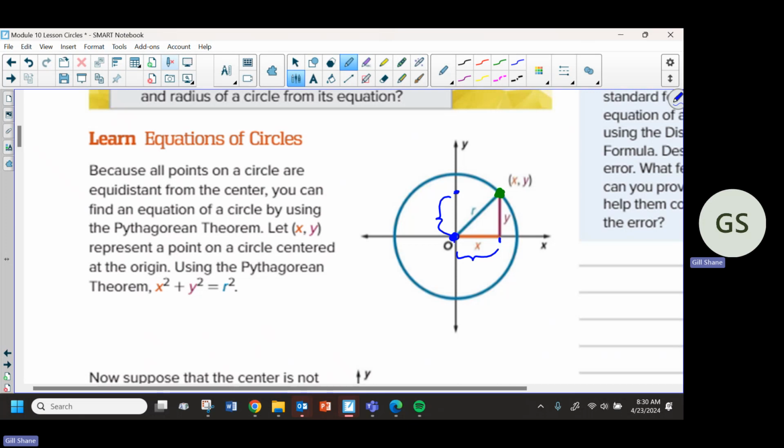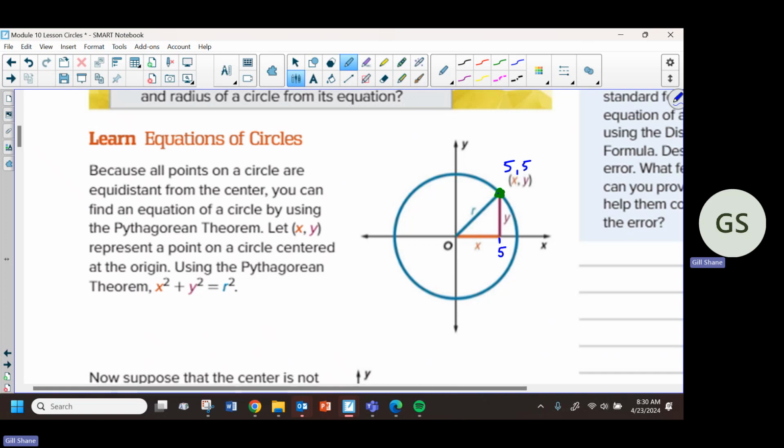If this is 0, here I'll put numbers in. So let's say this point right here is probably the same number, but I'm going to make them different. Actually, it would have to be the same number too. So if we know that point on the circle, that green point, is 5, 5, that means this value right here is 5.